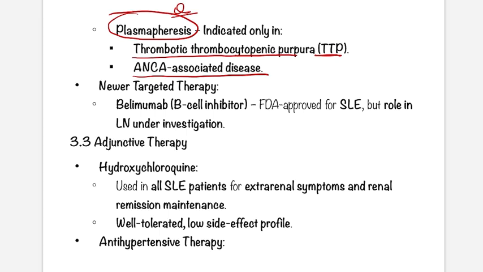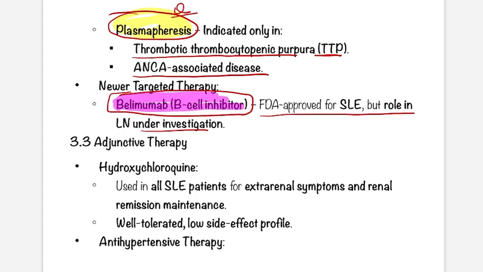Are there any new drugs which have been introduced? Yes, this is very important. This is belimumab, a B cell inhibitor. It is FDA approved for SLE but its role in lupus nephritis is under investigation. Just remember this drug, it is very much an upcoming potential thing. This is belimumab.